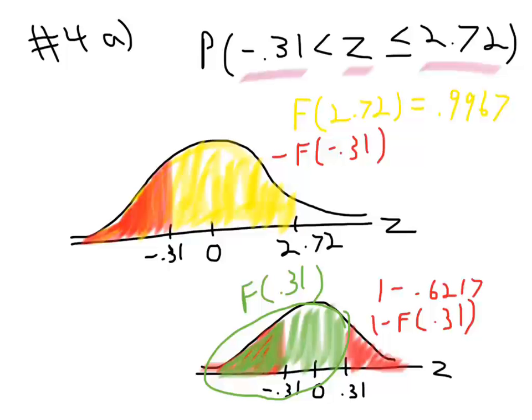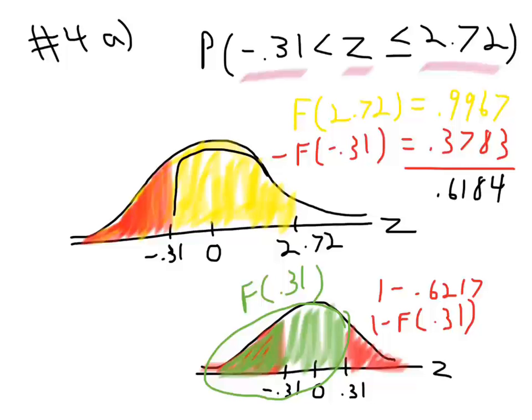So 1 minus that is equal to 0.3783. So performing the subtraction, you get 0.6184. So this area in here, in between these two numbers, is 0.6184. I think it really helps to draw a picture and try to see the area that you're looking for.